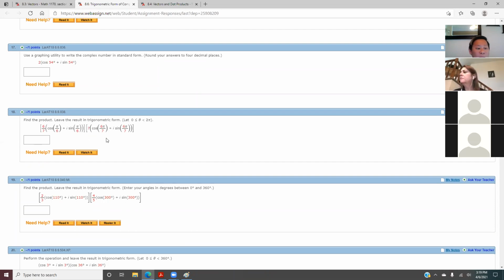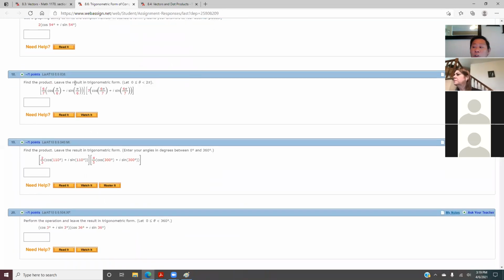So can someone tell me how we multiply these two trigonometric forms? Is the number 6, 7, and 7, you multiply it. Does anyone know what 6 times 7 times 7 is? You'll get out with 6. And then you will get the CIS.